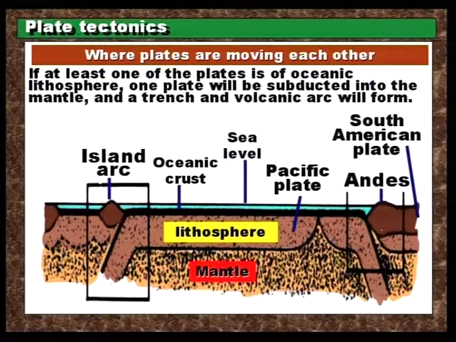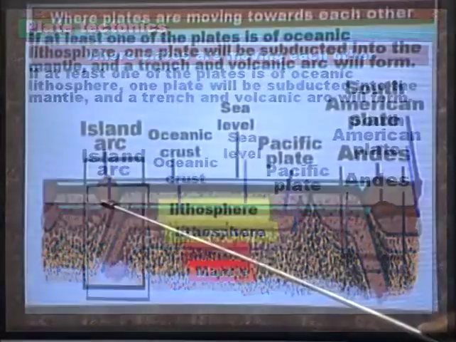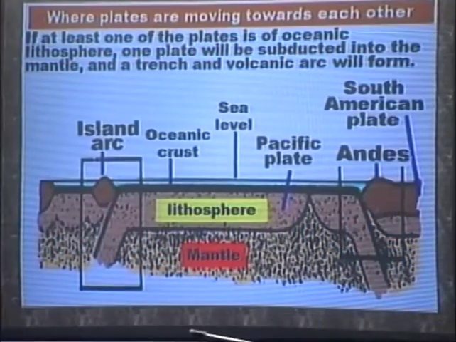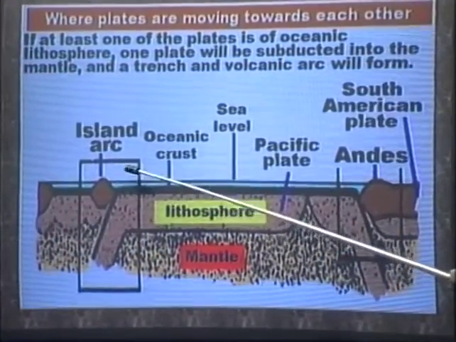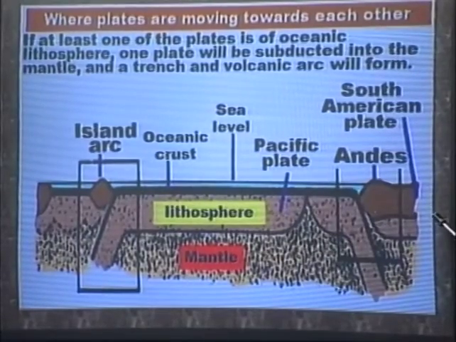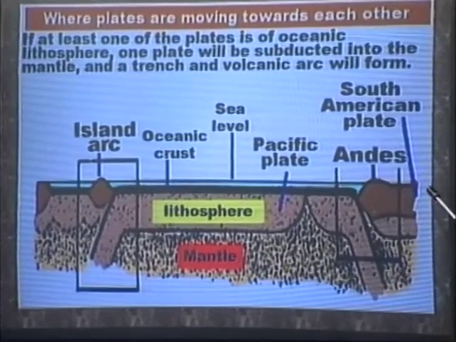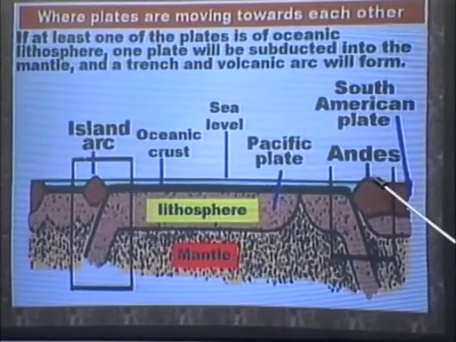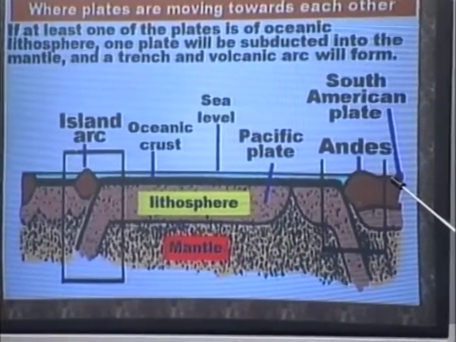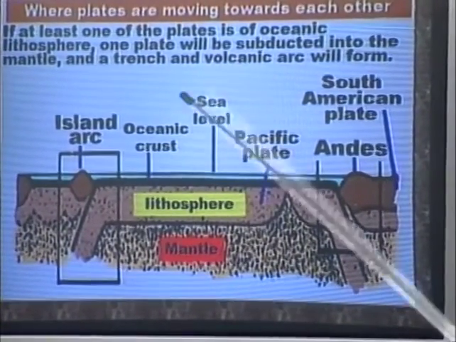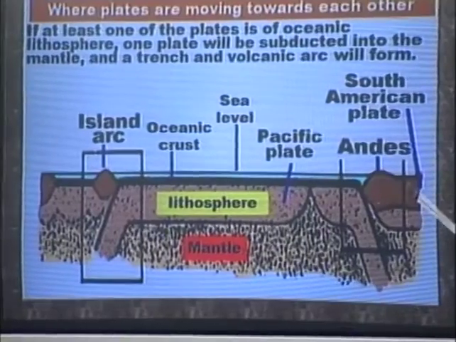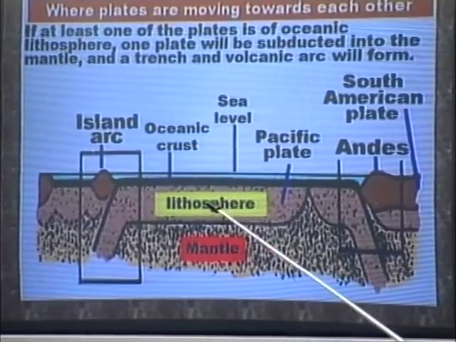And volcanic arcs are simply a line of volcanic islands that can be created as a result of that movement. So here we are looking at a volcanic arc out there at the ocean, a trench which is also formed along here. And then on the continent itself, the continental plate where they are meeting, we are looking at the formation of the fold mountains, for example, the Andes. So here, the South American plate meeting together with the Pacific or the Nazca plate.